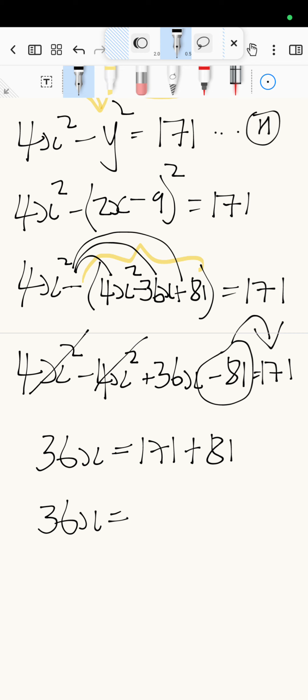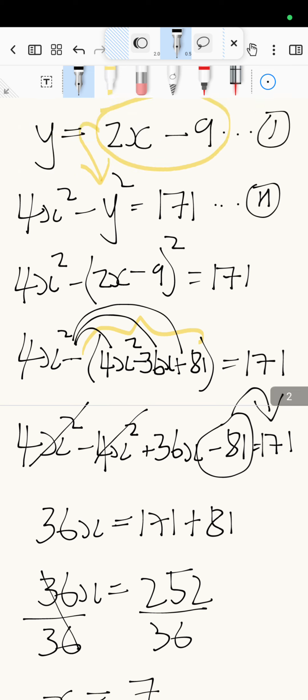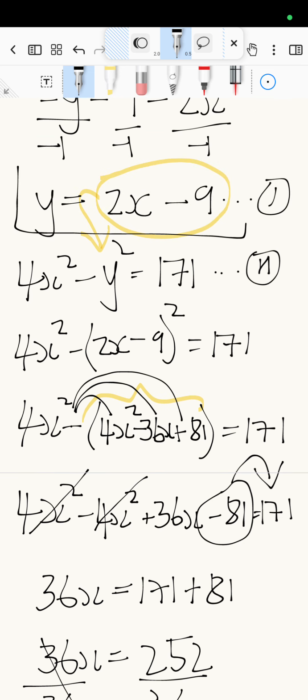Let's check on the calculator. 171 plus 81, 252. Divide both sides by your 36. So x is going to equal 7. And if x is 7, we're going to take our x and put it back into this equation over there.